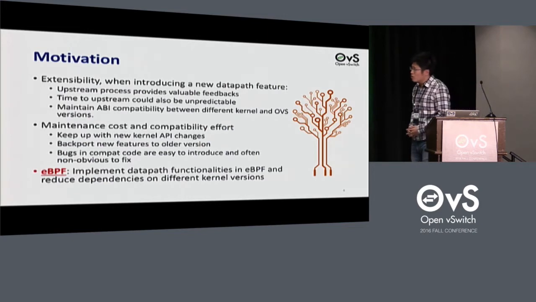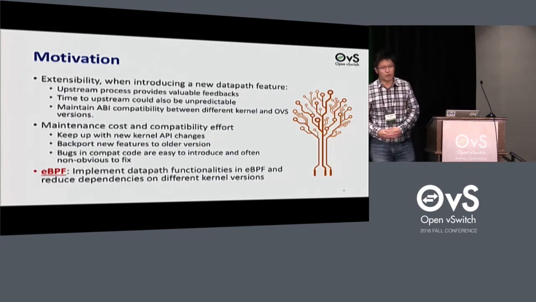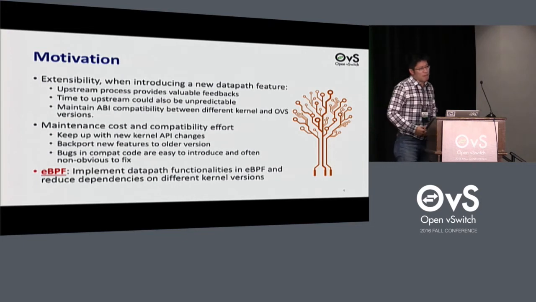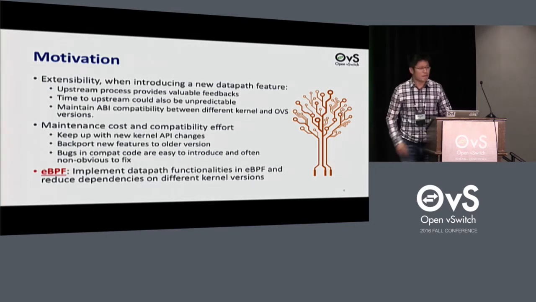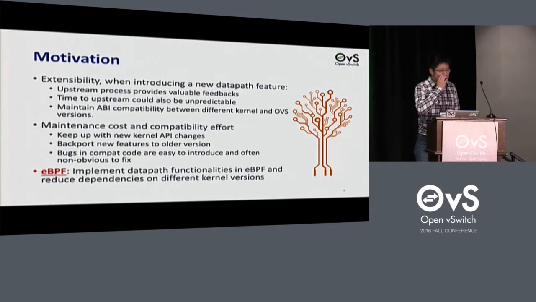With all these cool features of eBPF, we started to think about how OVS could benefit from them. First is extensibility. When we introduce a new feature to the OVS data path, once we finish implementation, we need to go through the whole upstream process.